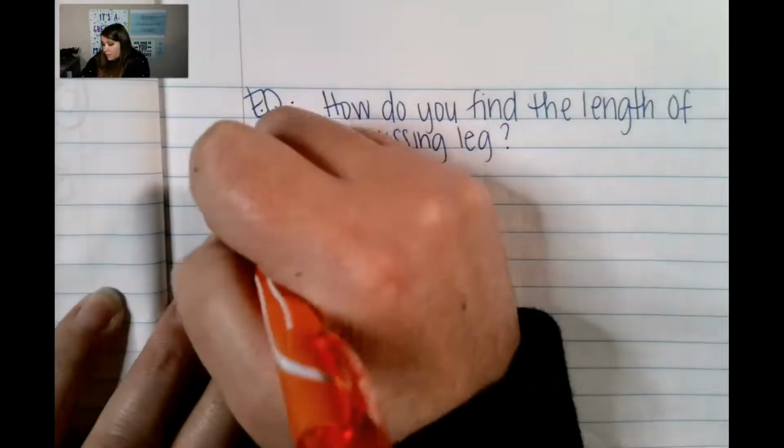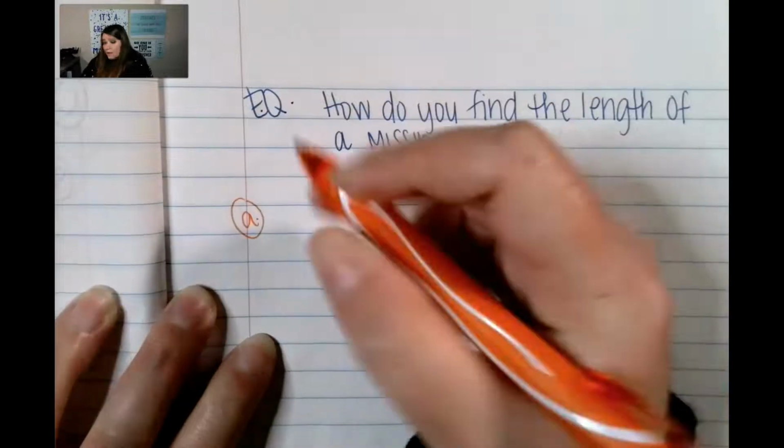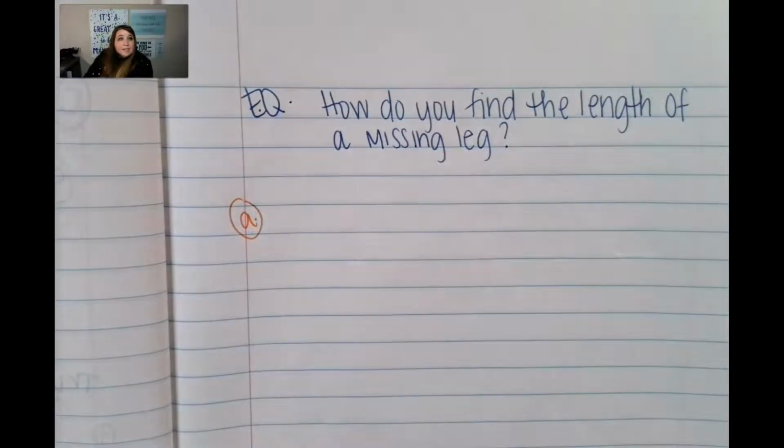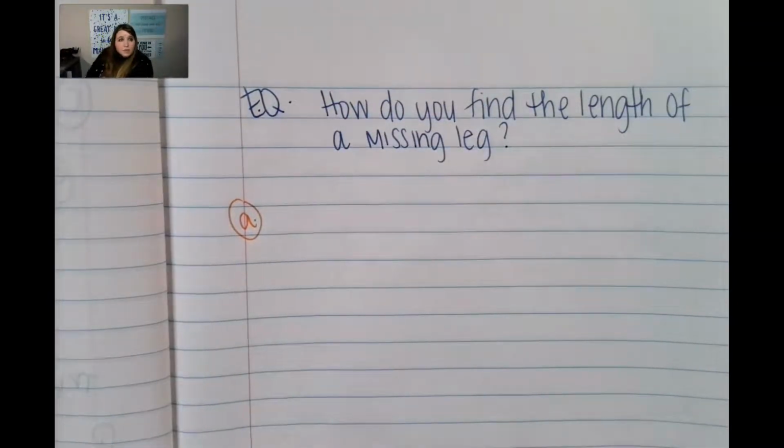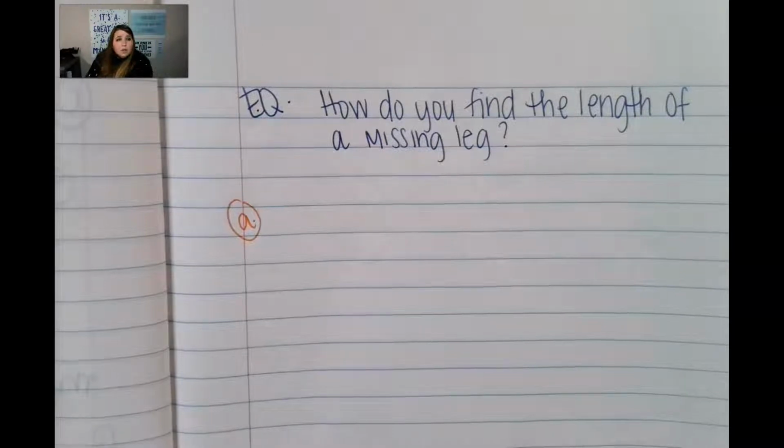So our example today that we're going to start with has a leg that is missing. So again, we're going to continue working with a right triangle, but in our right triangle, one of the legs is missing.